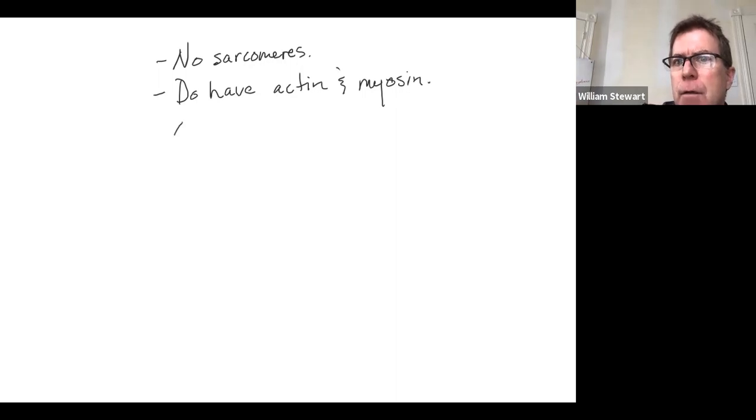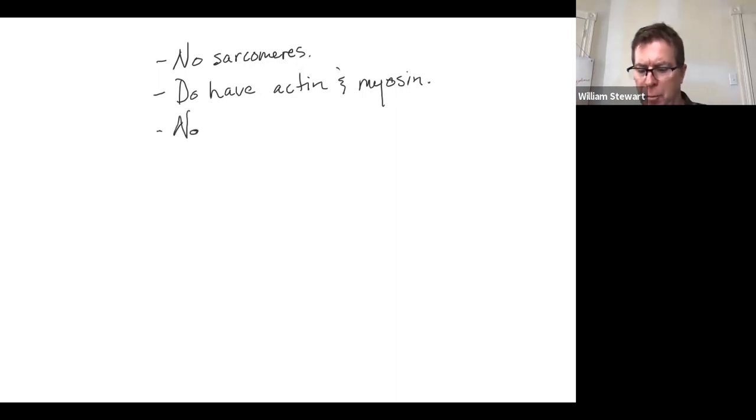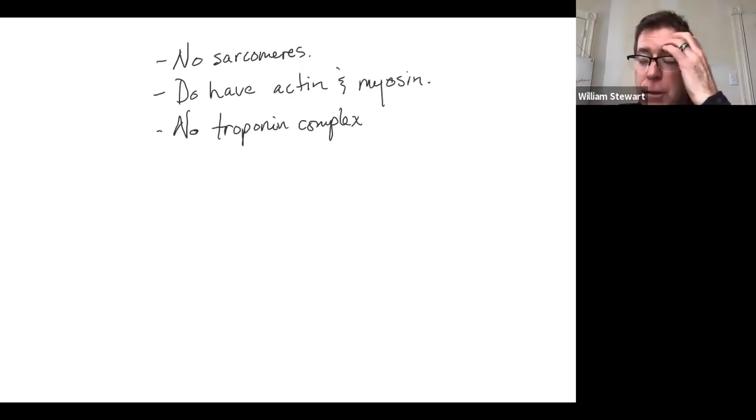There is no troponin complex. Remember, troponin is that little protein tab that calcium binds to in order to lift tropomyosin off of the active sites of actin. But there is no troponin complex on the thin filaments.